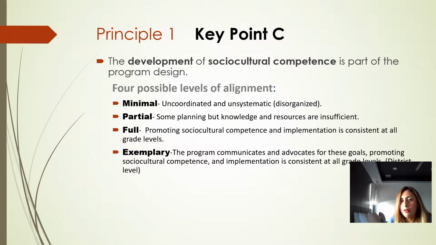It'll be considered full alignment if it's promoting sociocultural competence and implementation is consistent at all grade levels. And of course, the best one is exemplary, where the program is truly communicating and advocating for the goals and promoting sociocultural competence, and implementation is consistent at all grade levels, meaning it has reached the district level.